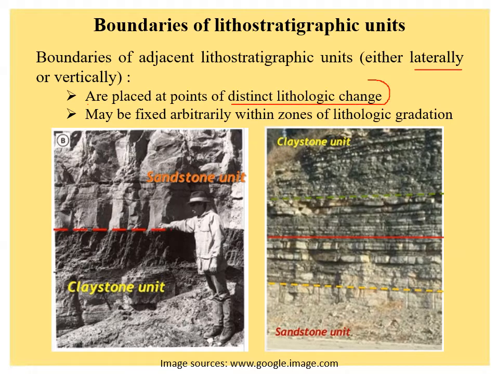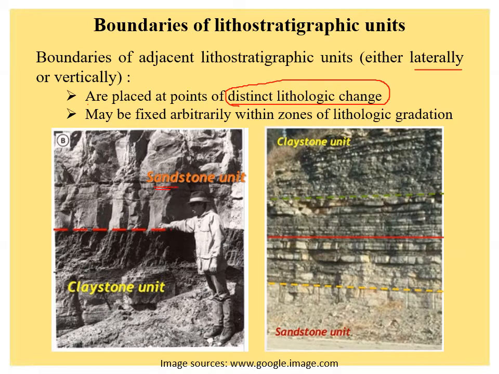Here we can precisely separate the litho unit from the other unit, such that the bottom one is the clay bed or mud bed, and the upper lithological layer is made up of sand size particles.